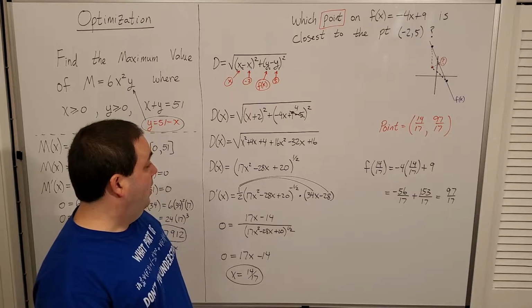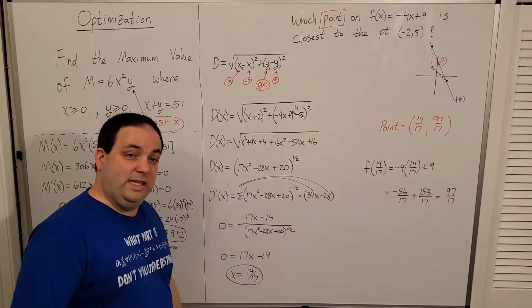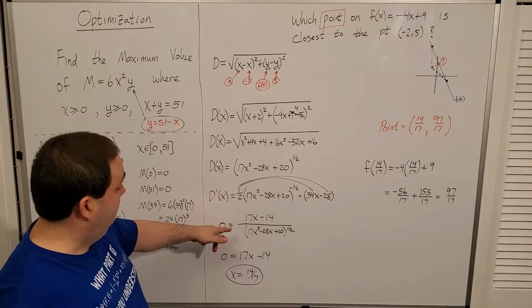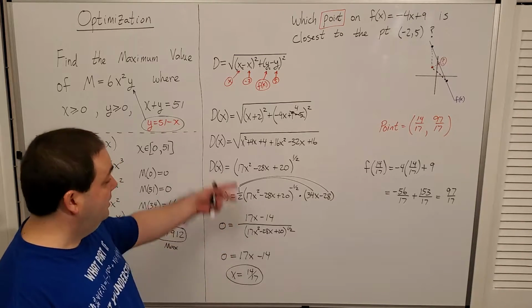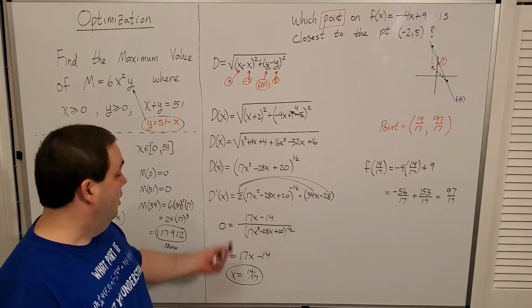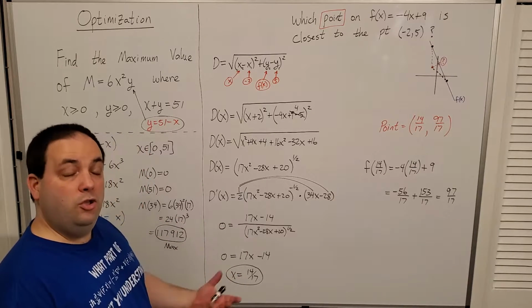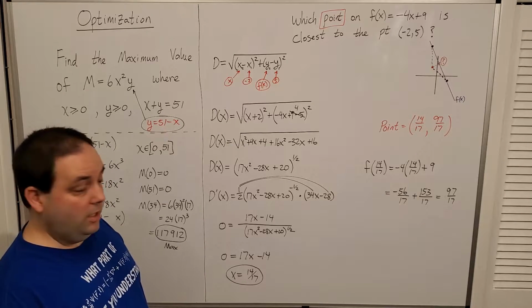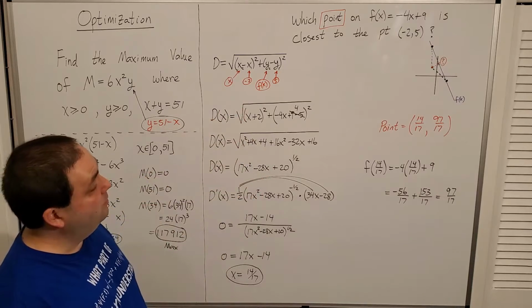Okay, so the domain on that is not important information just for this calculation, but if it makes you feel better, you can figure it out and see that it actually is all real numbers. You can also do your second derivative, plug in this critical value. You'll see that it is concave up, which does actually cause this to be a minimum, and what you have is the point where the distance is the minimum.